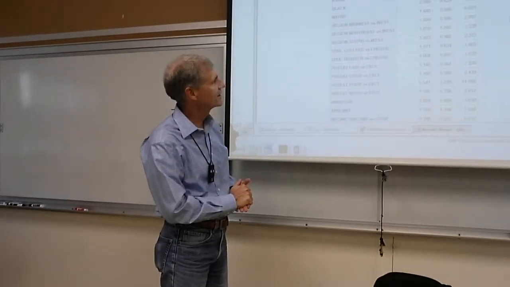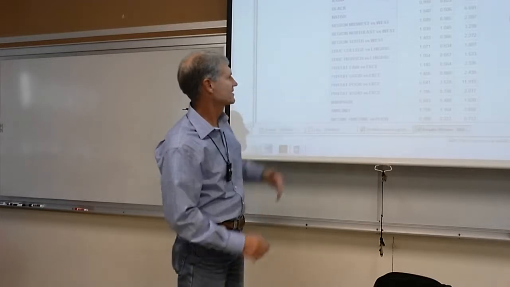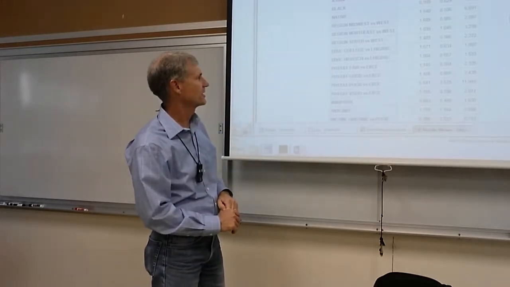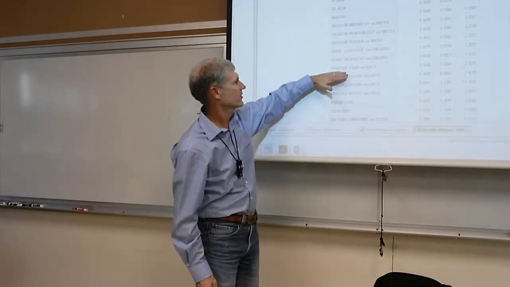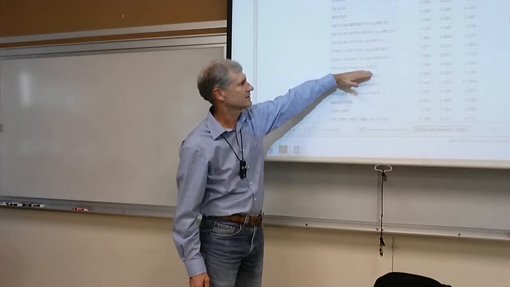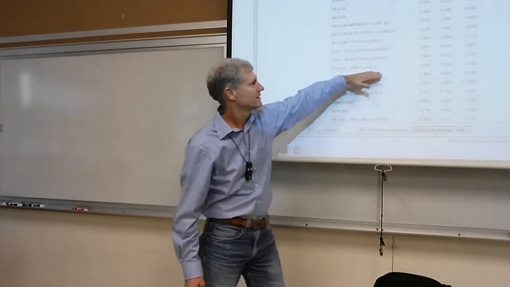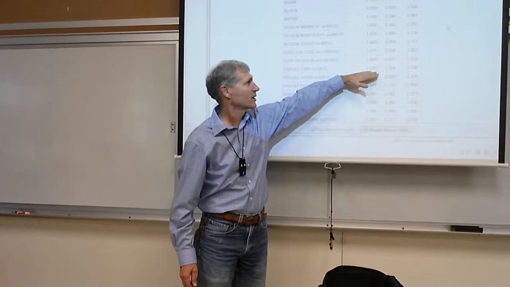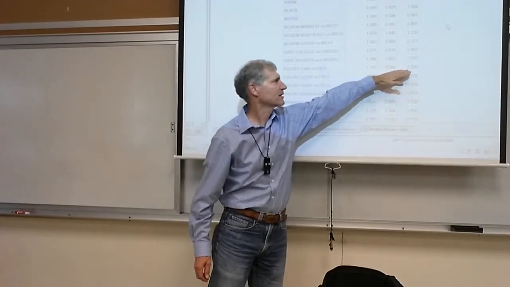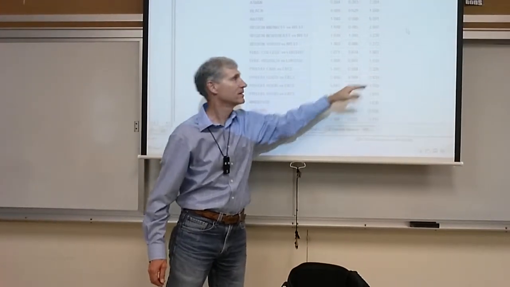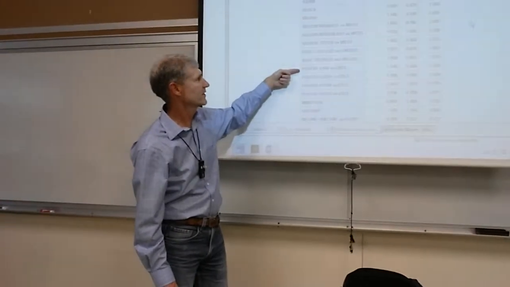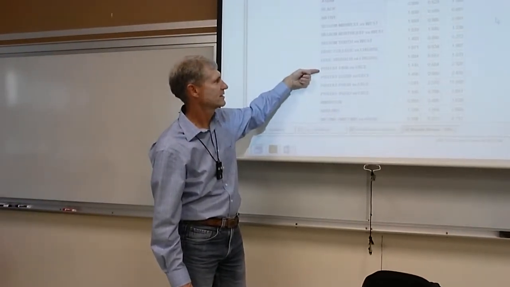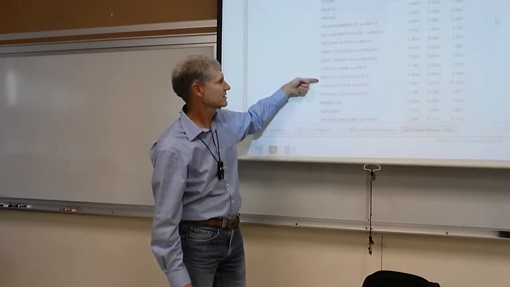Okay, and then the rest of these, what would be interesting here? Personal health status. Personal health, fair versus excellent: 1.1, but the confidence interval includes 1. So there's not a statistically significant difference between fair and excellent, or good and excellent.